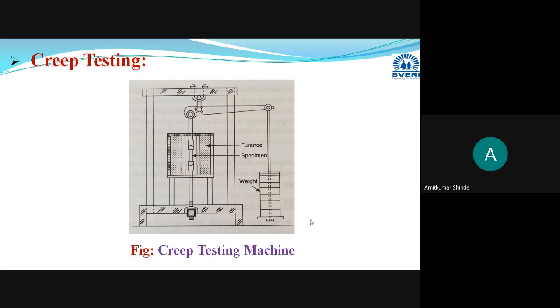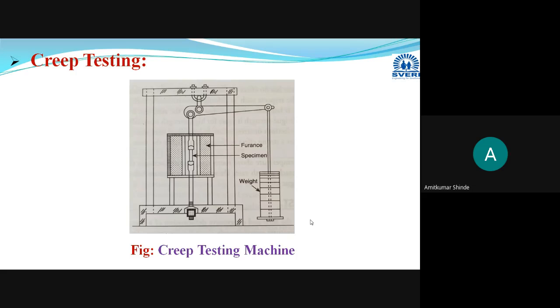First, we'll start with the purpose of conducting this creep test, why we are conducting it, and after that, its experimental setup or arrangement, then its procedure. After that, we will discuss some factors affecting the creep limit or creep strength, or you can say the creep rate, which is one term involved in this creep test.